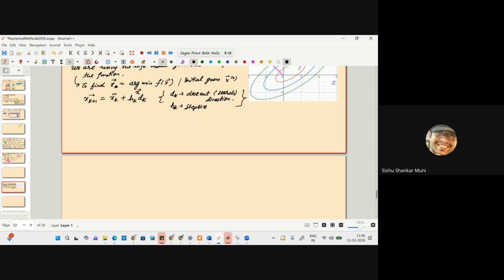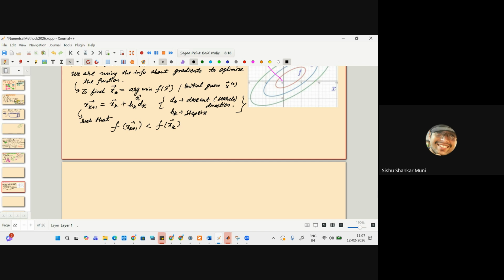If you are trying to minimize the function, the next iteration, when you evaluate the function at that point, should be less than the value at the previous point. The same thing we'll write: x(k+1) is xk plus hk dk such that f at x(k+1) vector is less than f at xk vector.